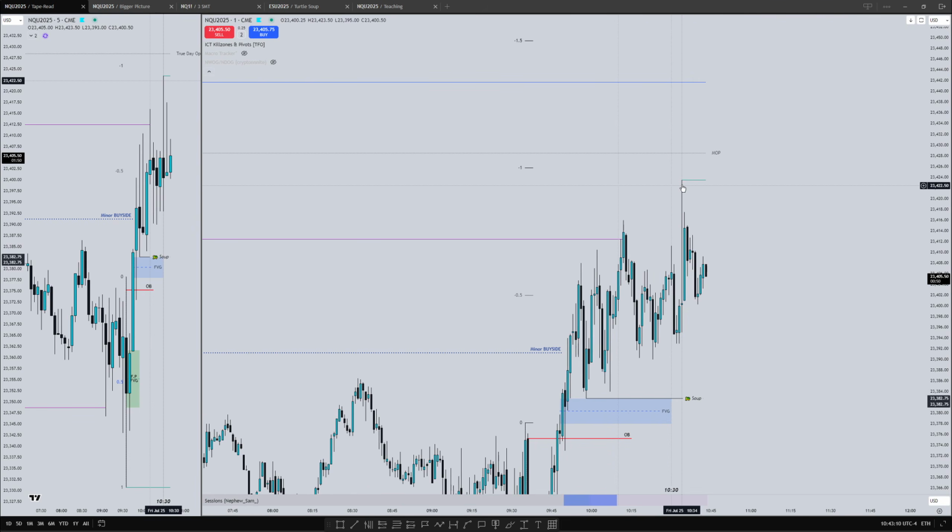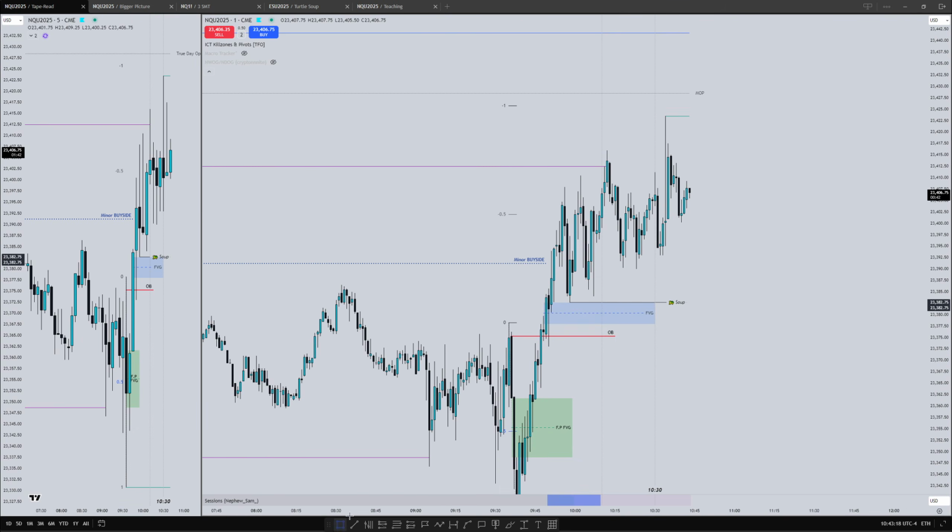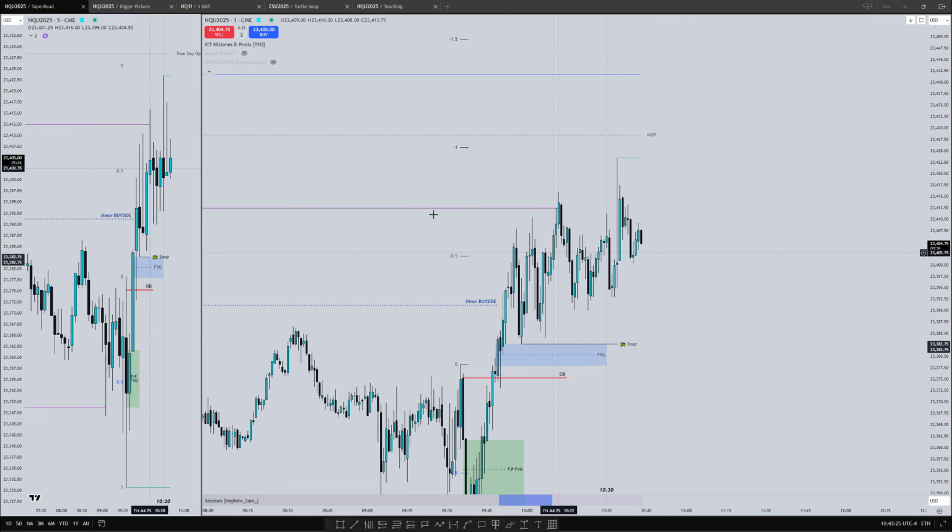And like I said, we assume this to potentially be the session high. I mentioned earlier, I just want to look for entries probably below London high. I see that as the dealing range discount.